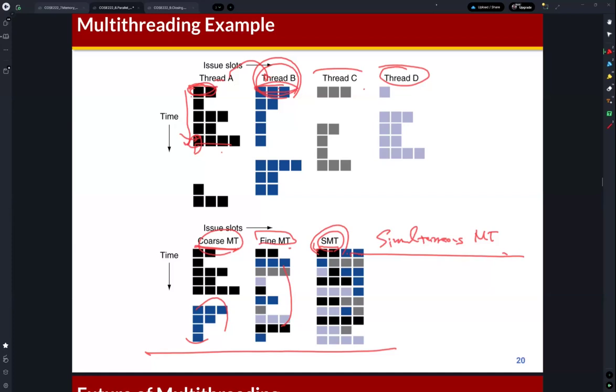Then SMT assigns the instructions to the available slots like this. So this is called simultaneous multi-threading. And Intel's hyper-threading is actually simultaneous multi-threading.